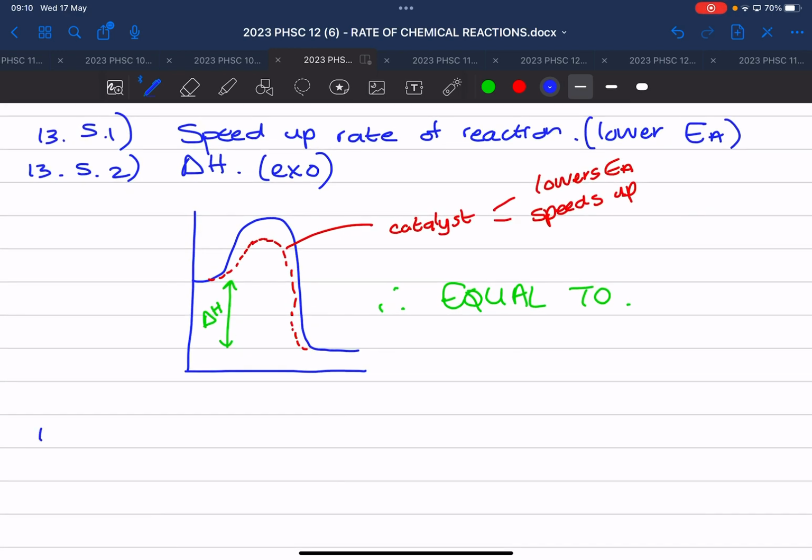Then question 13.6. They say, calculate the average rate of the reaction in moles per minute with respect to zinc for experiment 2 if so much zinc is used. 4 marks. Okay.